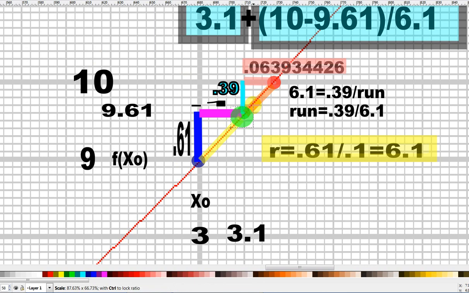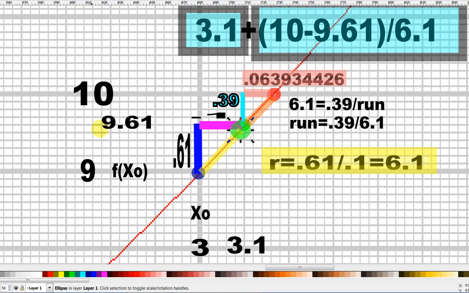If we start at this point, which is at 3.1 and 9.61, and we want a better estimate, go up 0.39, add 0.0639 to our estimate of 3.1, and that will give us our even better estimate of 3.1639 and voila. And again, if you ever want to repeat this to get more and more accurate, all you have to do is do this same formula again, which we did.